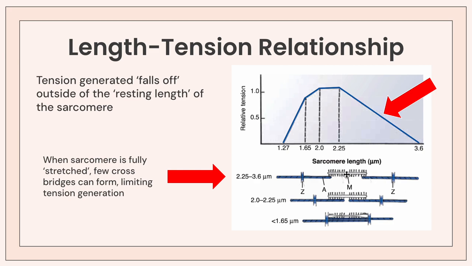So the tension being generated here is really only by the myosin heads that are at this point of overlap. The further you extend those muscle fibers, the further you stretch those Z lines, the less cross bridge formation you get, because you literally will just have myosin heads that are not in contact. They can't reach the actin fiber at that point.